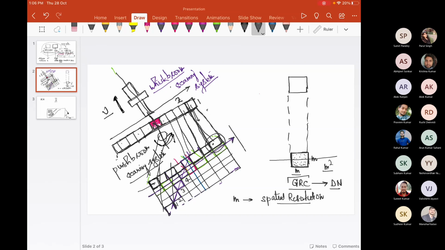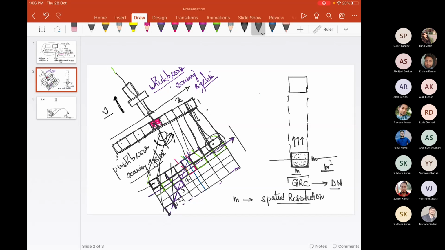It means each point on the total area M square has its contribution in the total outgoing energy.